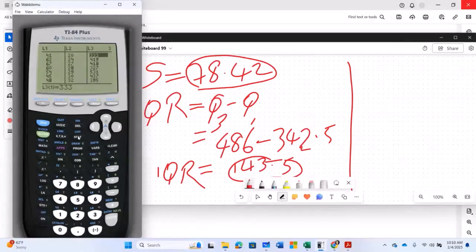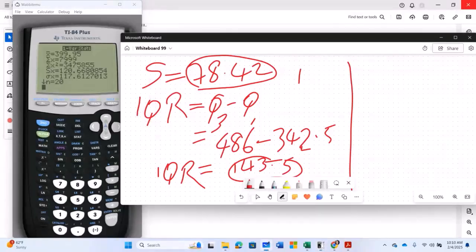And so I'll just do stat, calc, one variable stat of the same data in L3, except that 326 was exchanged with 0. All right, so the new standard deviation is a whopping 120.7. So 120.7 is the new standard deviation.